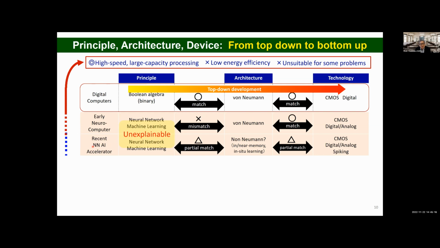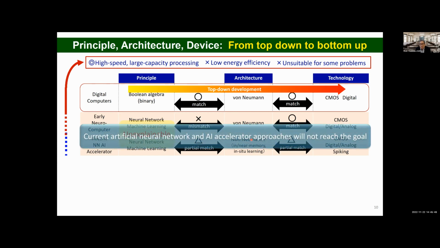Currently, neural network-based AI accelerators, such as for deep neural networks, use some tricks in architecture, for example near-memory or in-memory learning, but this is not really non-von Neumann. So a partial mismatch still exists here, and also, because of the change of architecture, a partial mismatch between technology and architecture. So the current artificial neural network on AI accelerator approach will not reach the goal of brain-type computation. So what should we do?